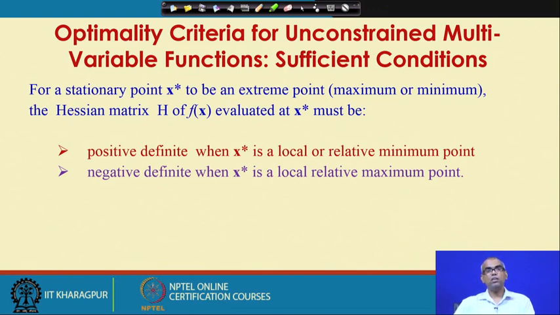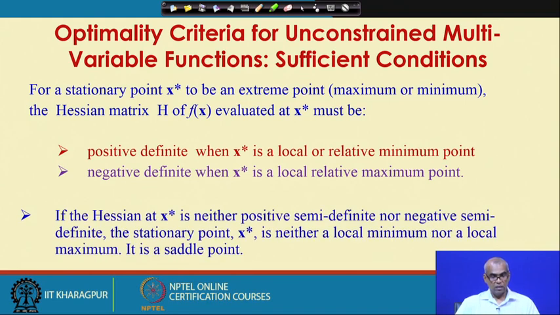So, the sufficient condition is this, that the Hessian matrix will be positive definite for local or relative minimum, and Hessian matrix will be negative definite for local or relative maximum.